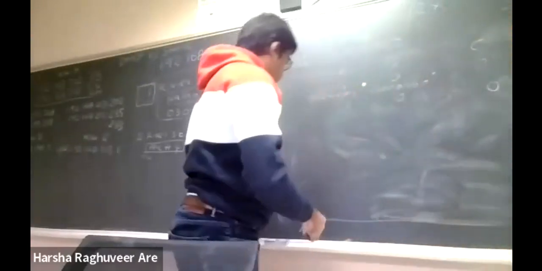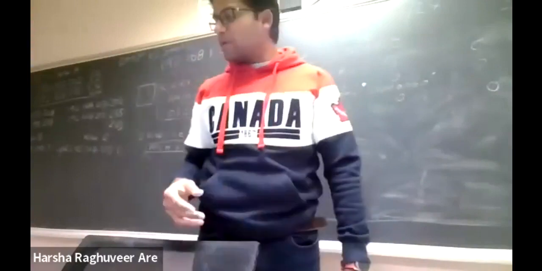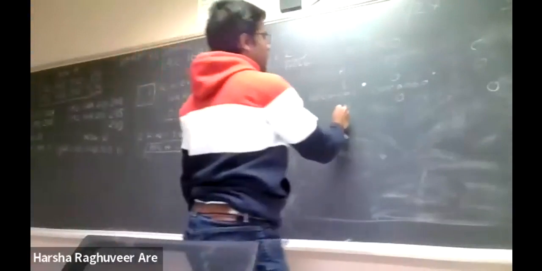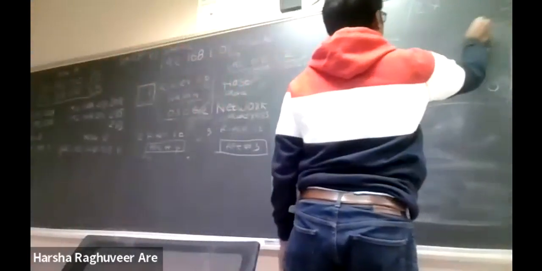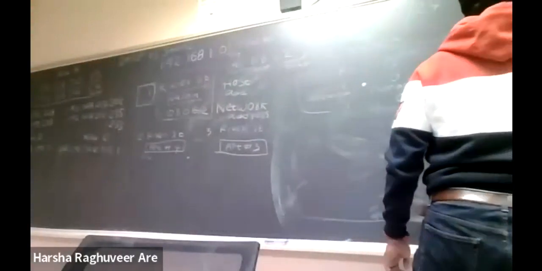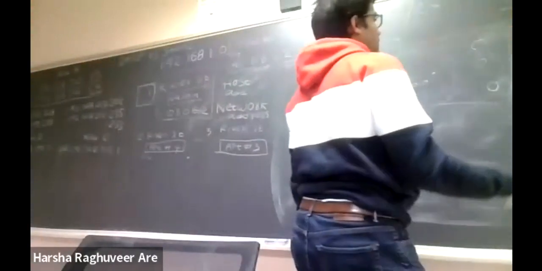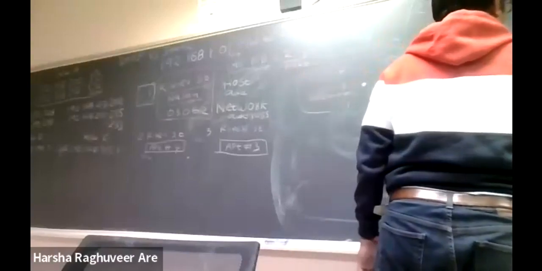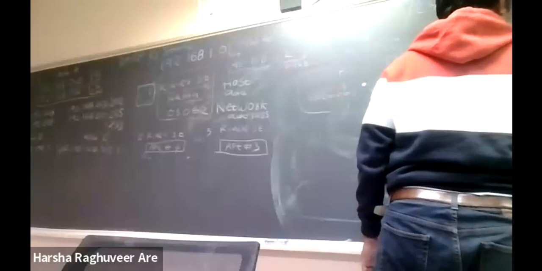See guys, remember which part is the network. Only this part is the network. Okay? Class 24. So the only octet that changes is the last octet, right? So what's the next address? 3. Next 4. Next 5.